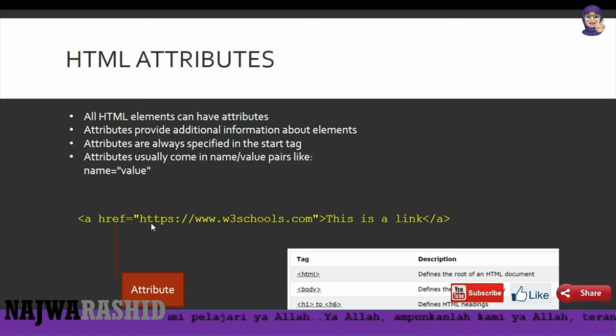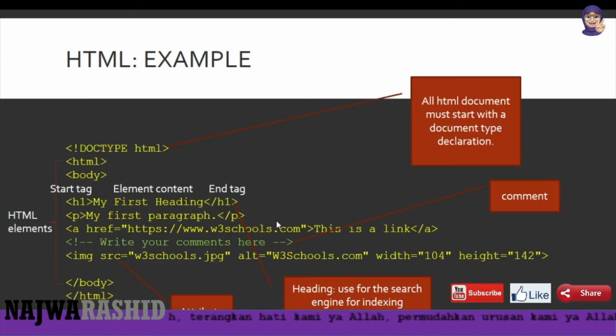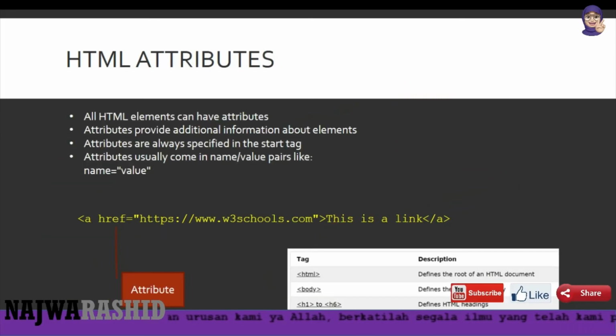An attribute usually comes in name and value pairs, like name equal to value. So href equal to this link, src equal to this one. They have the name and they also have the value. In HTML, the html tag defines the root of the HTML document.